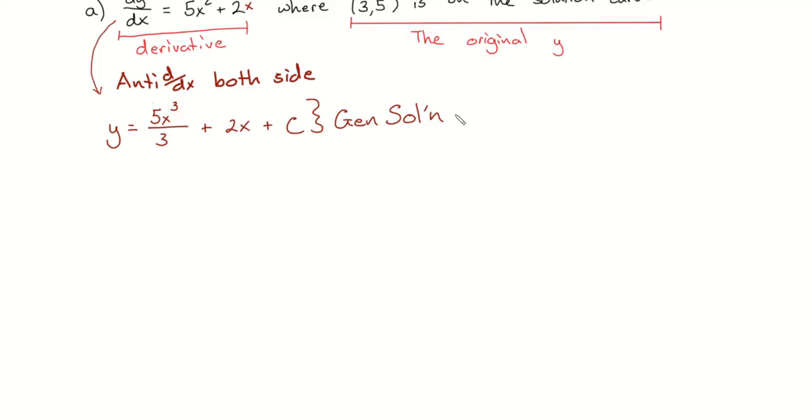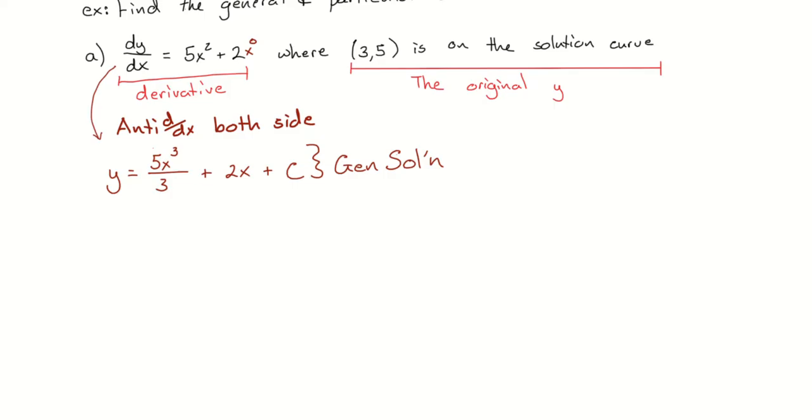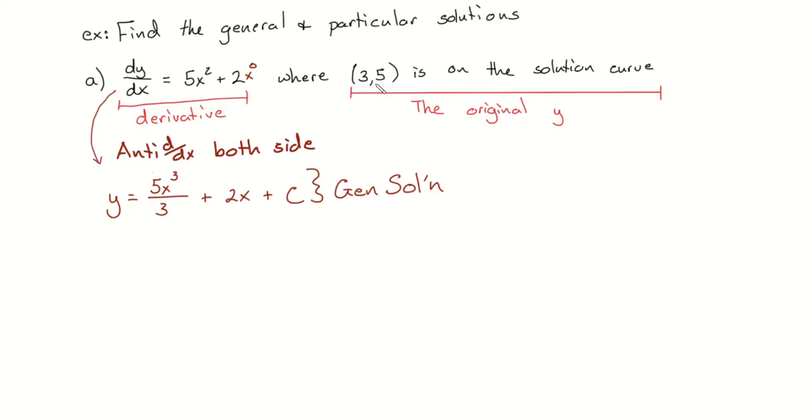Now, we get to go a step further. This is fine and dandy. I know that it's one of these infinitely many functions, but I want one function in particular. And what I know about that is there's a 3, 5. What's the only thing about this that's going to change that would give me one specific function? I need the value of c, right? So I'm going to make that note here, just like we did before.